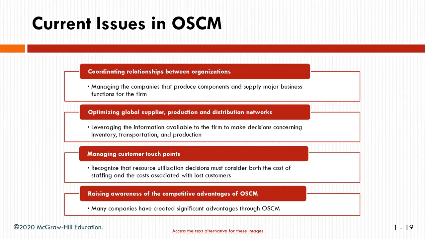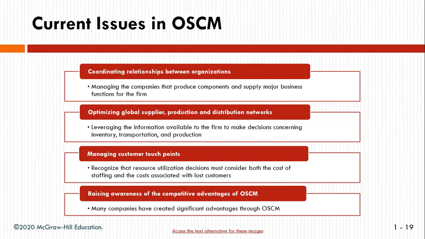So, leveraging the information available to the firm to make decisions concerning inventory, transportation, and production is very important. Sometimes you cut part of your production and give it to a supplier, whether you work horizontally or vertically with others, just to make sure that everything is under control. It is how you're going to make that decision.